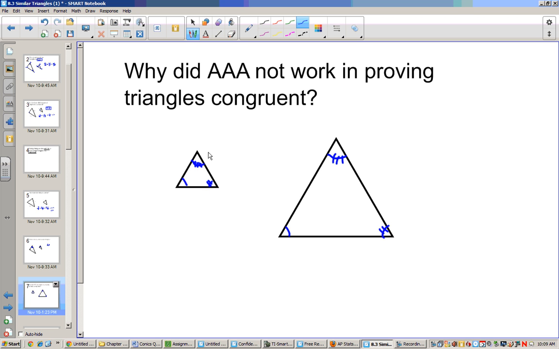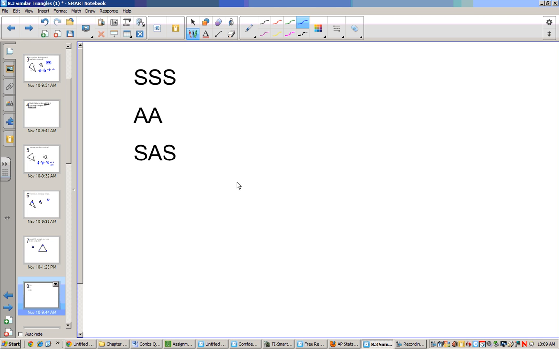So it works when proving that they're similar, but not for congruence. We didn't talk about side angle side yet, but side angle side also works. These are the conjectures that work for proving similarity. There's only three that we have to remember.